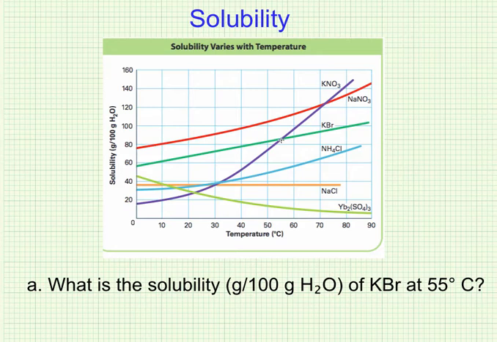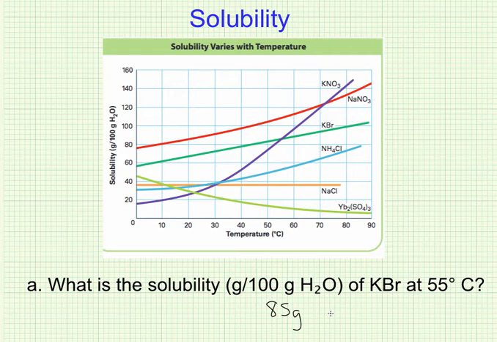Then I'm going to move over to the left like so. I'm between 80 and 100, and about halfway is 90, and I'm not quite halfway. So this is going to be an estimate, but I'm going to say it's about 85 grams of potassium bromide will dissolve in 100 grams of water.